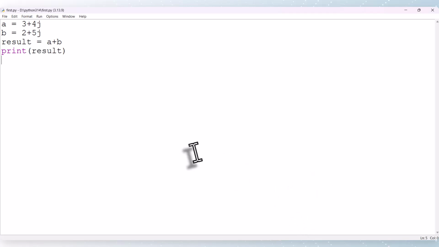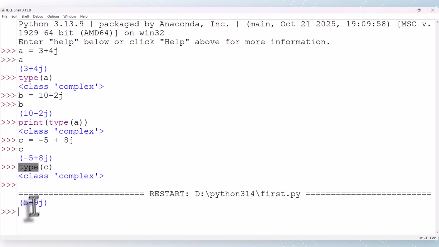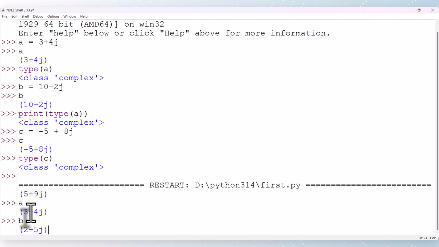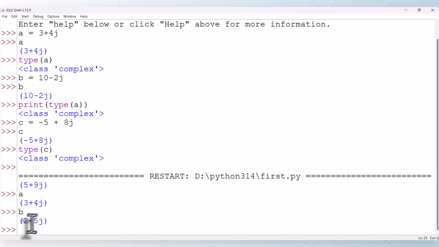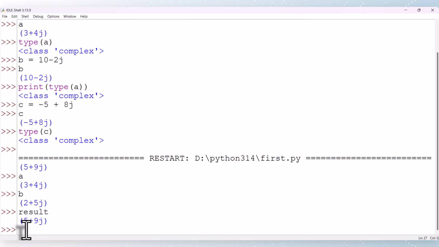Now when you execute this, you get 5 plus 9j. Here a is 3 plus 4j and b is 2 plus 5j. So 3 plus 2 is 5, and 4j plus 5j is 9j. So the result is 5 plus 9j.